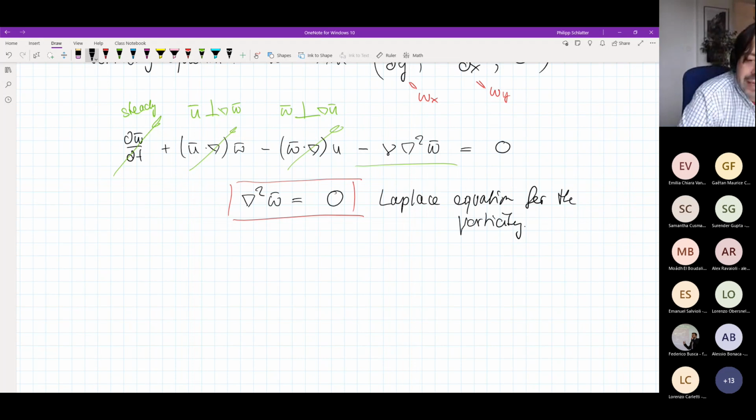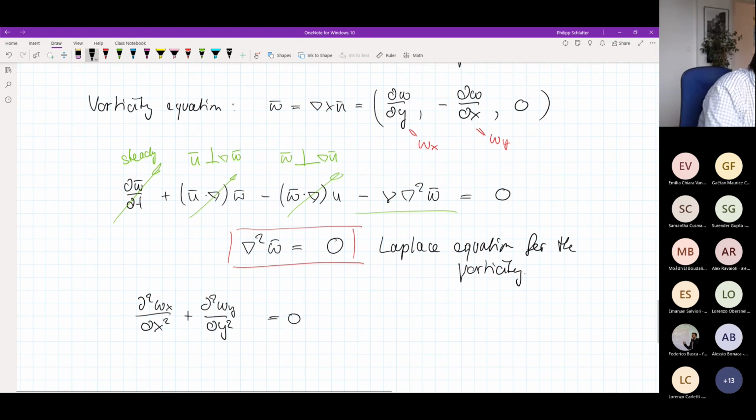We just start by writing out what the Laplace equation would actually mean. It's a vector equation, so actually we would have three components, but the third component is not very interesting because that's the vorticity in the z direction, which is 0. So we have two components. So we have d squared omega x dx squared plus d squared omega x dy squared, and this should be 0.